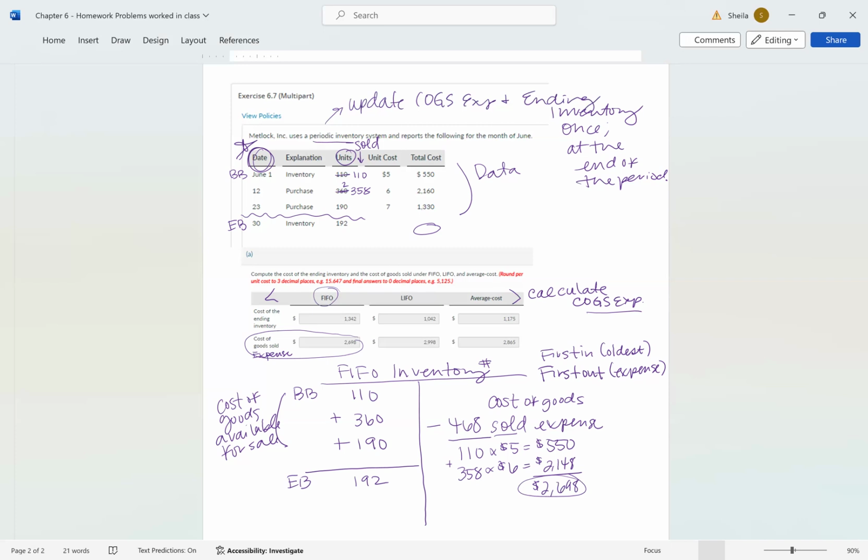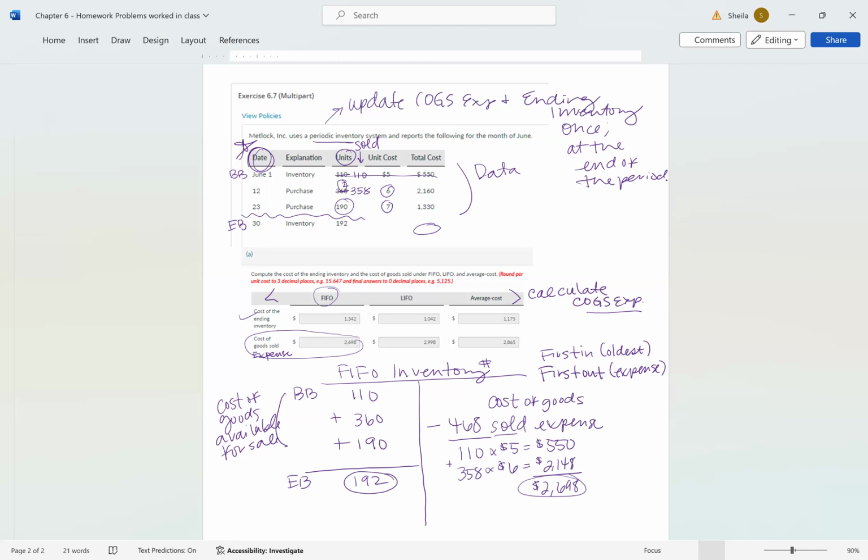Now let's look, because we also have to calculate the cost of the ending inventory. Well, I'm really trying to say, how much does this 192 cost? Well, I have none of these buckets left, but I have a $6 and a $7 bucket left. If I look at my units, I have 2 left at $6 and 190 left at $7.